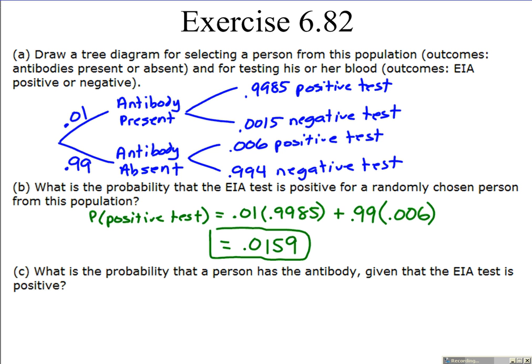Letter C. What is the probability that a person has the antibody given that the EIA test is positive? So now we want to know what's the probability that they have the antibody given EIA test is positive.